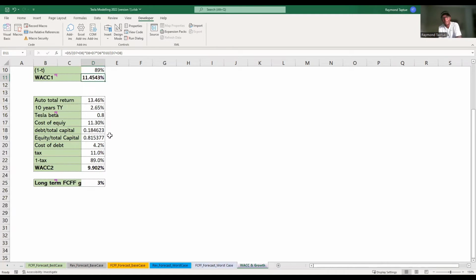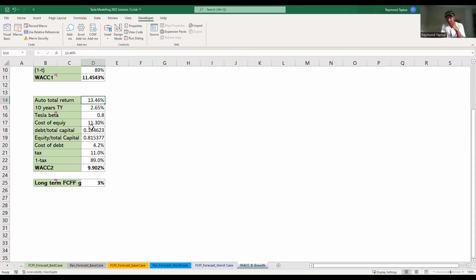Now, for the second period, meaning from 2030 to the foreseeable future, I said, okay, I will use the CAPM for that one. The CAPM means that I will determine the long-term return of that equity market sector. I found the long-term equity market sector return to be about 13.46% using the indices available out there.